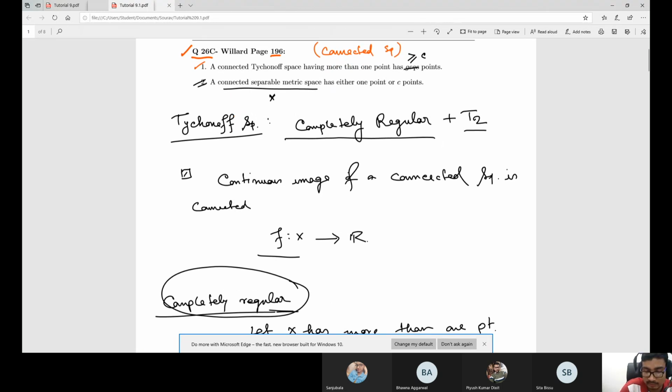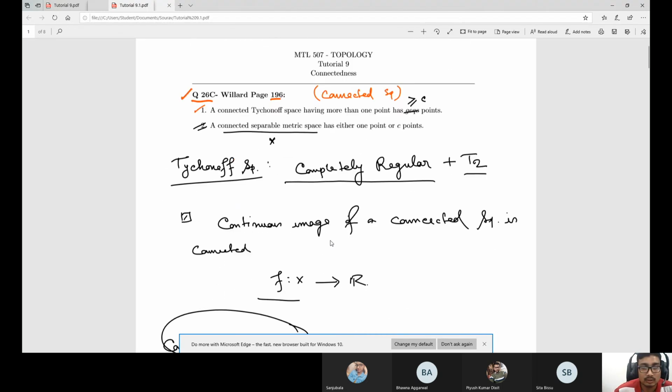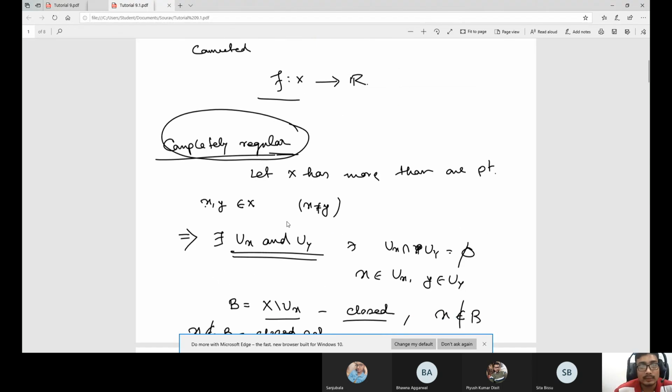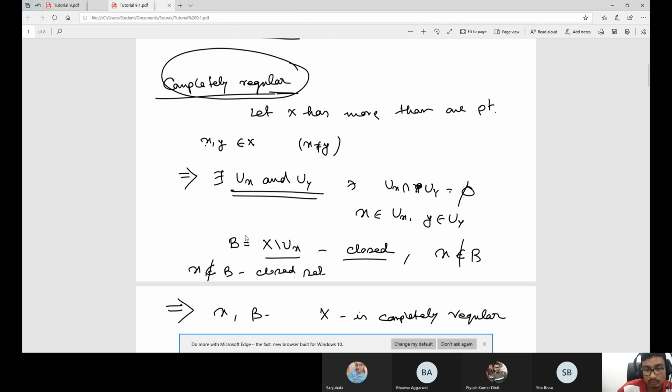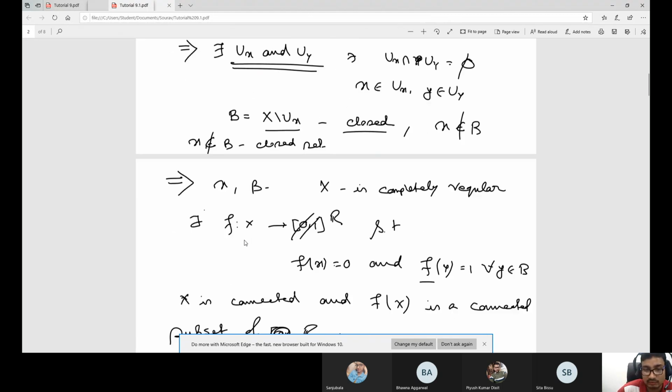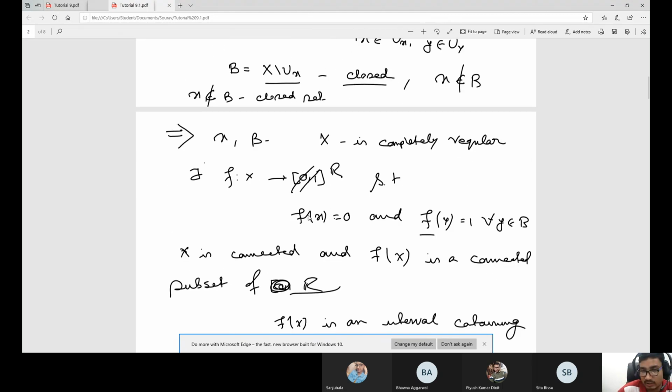A connected subspace having more than one point has cardinality greater than or equal to C. I've given a construction, and by using the definition of complete regularity, we can have a function f with the property that f(x) is equal to 0 and it's 1 outside.